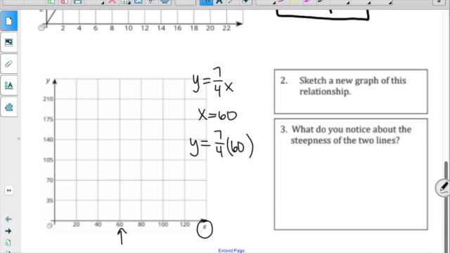Thank you. And I can turn my 60 into a fraction by putting it over 1. So I actually have 7 times 60 as my numerator, which is 420. And then my denominator would be 4 times 1, which is 4. So I have y is equal to 420 divided by 4.